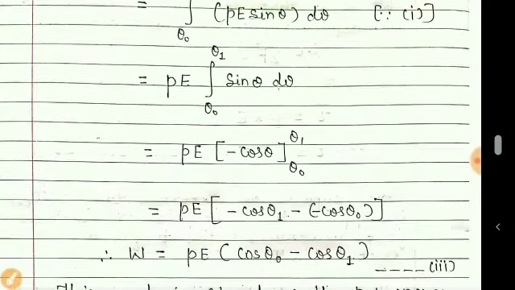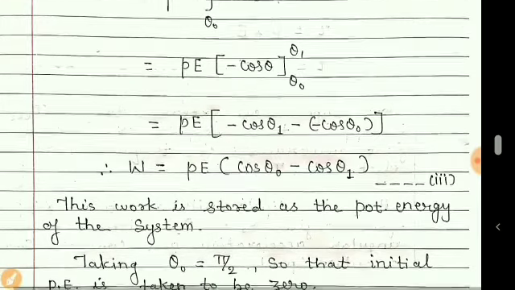Next step, the integration of sine theta is minus cos theta. We have studied integration and differentiation in 11th standard, so according to that rule, the integration of sine theta is minus cos theta. Now after integration, we'll put the upper limit and lower limit, meaning upper limit minus lower limit.